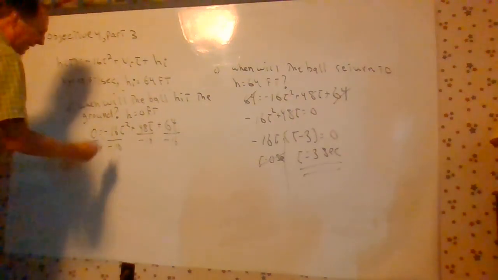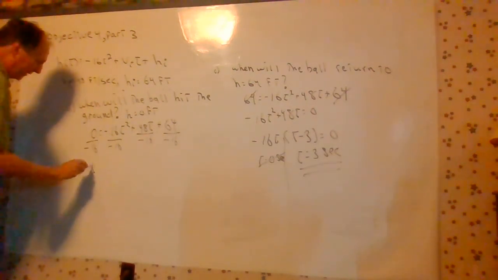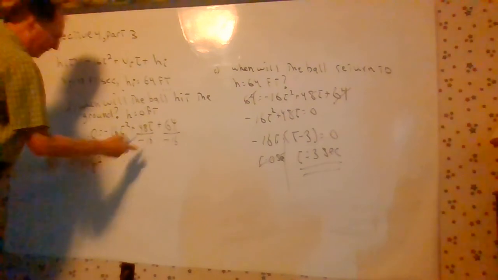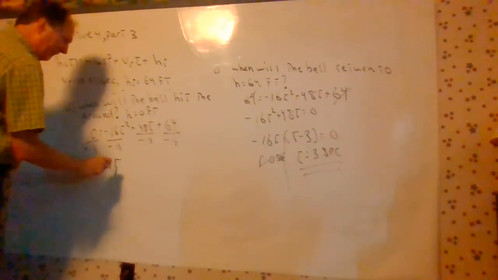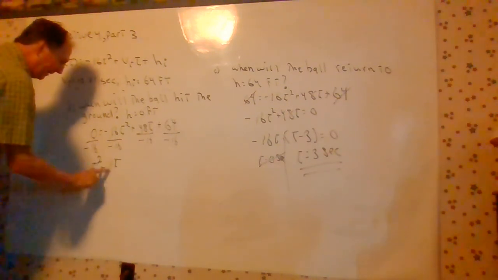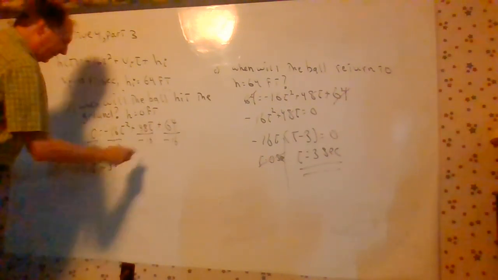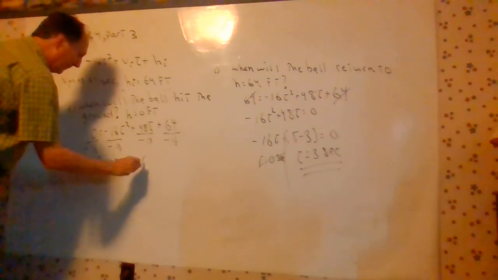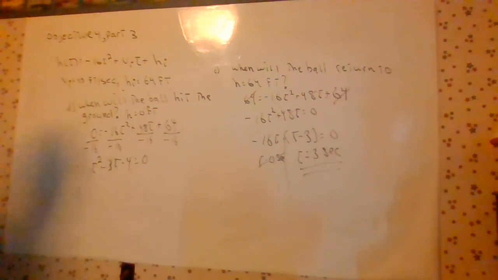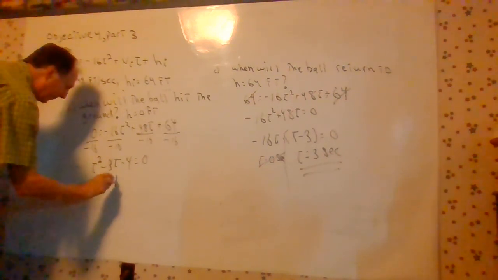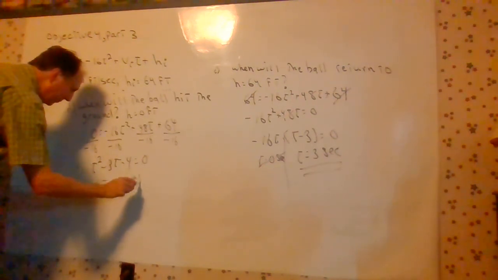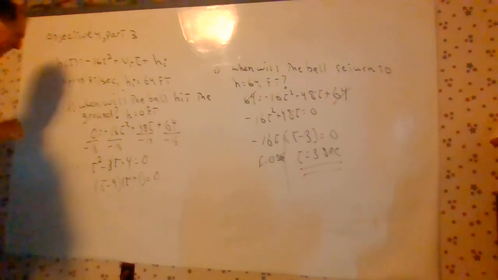Negative 16 over negative 16 gives you t squared minus 3t minus 4 equals 0. And then you can factor that as t minus 4, t plus 1 equals 0.